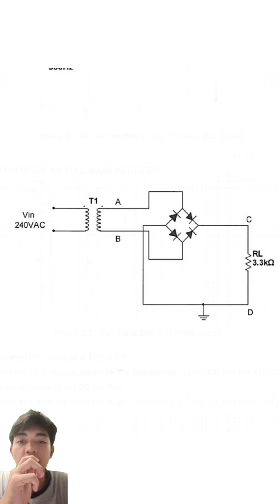During both the positive and negative halves of the AC input, different pairs of diodes conduct in such a way that the current always flows in the same direction through the load resistor. The result is an output where both halves of the waveform are converted into positive pulses. The output is more continuous and smoother compared to the half-wave rectifier.